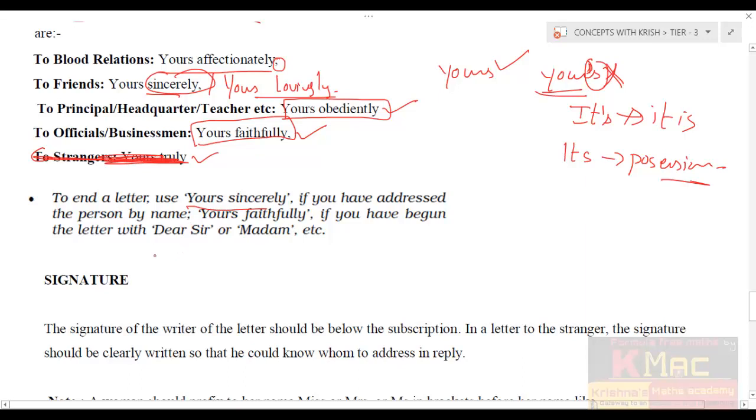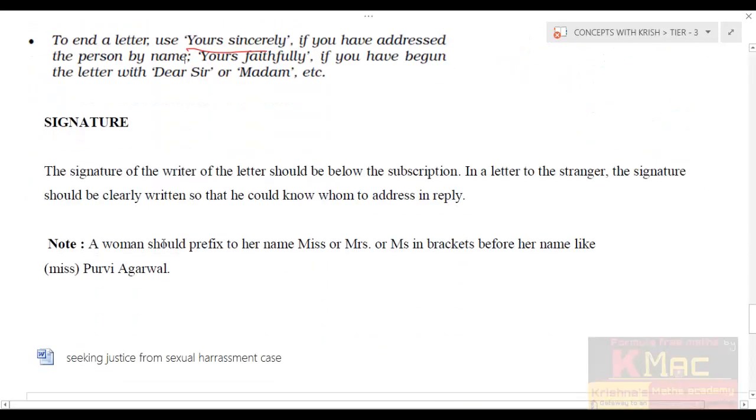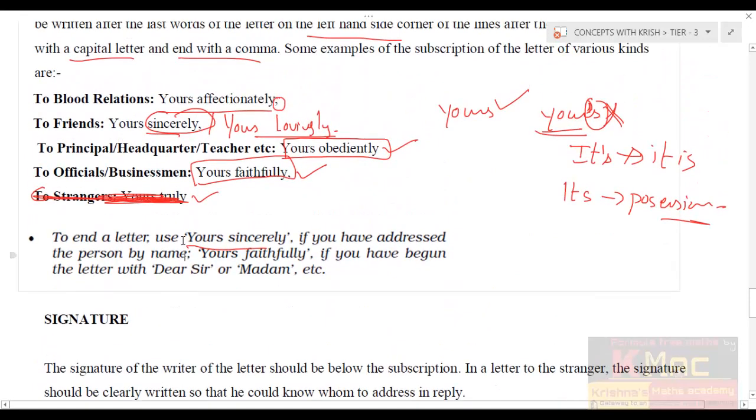Suppose you are writing dear sir or sir, better to write yours faithfully, because normally you will have faith in God. God is an unknown person, you don't know him by name, you have never seen him. So this way you can remember it well. Whenever you are not writing the name of a person, better to use yours faithfully. But if you are writing a name, better to use yours sincerely, right? So no confusion in this part. Then finally comes the signature.